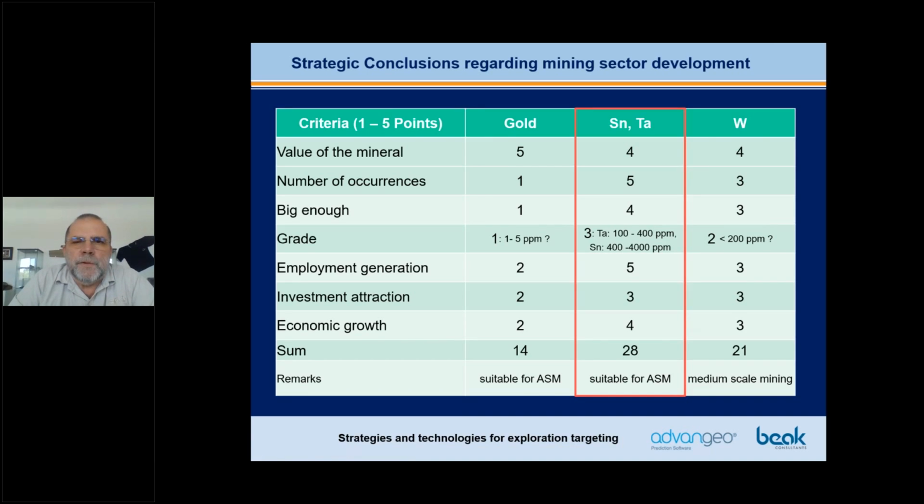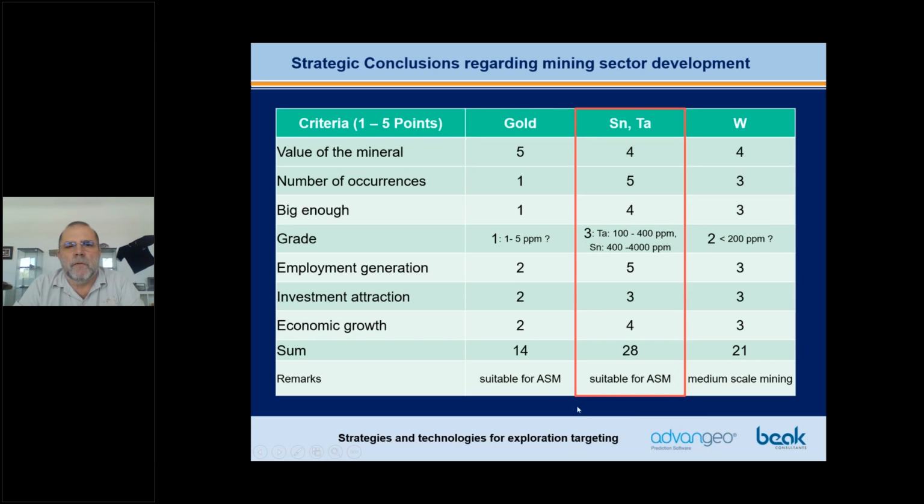But now if we compare the general value of the possible or potential mineral occurrences related to the mining technology and the target of the country to bring people into jobs to develop the economy, we can see that clearly tin and tantalum have the best, highest potential to be developed.